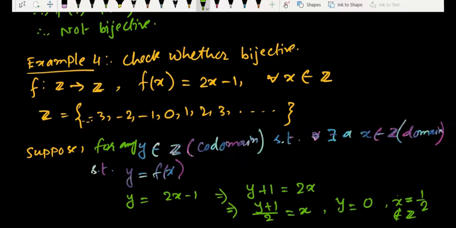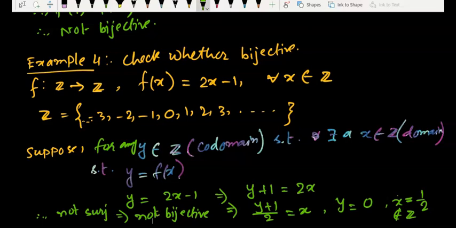So that's why there exists in the codomain an element which doesn't have any pre-image. So that's why this function is not surjective. Therefore, not surjective, and hence not bijective. See, this is not surjective, that's why it is not bijective.